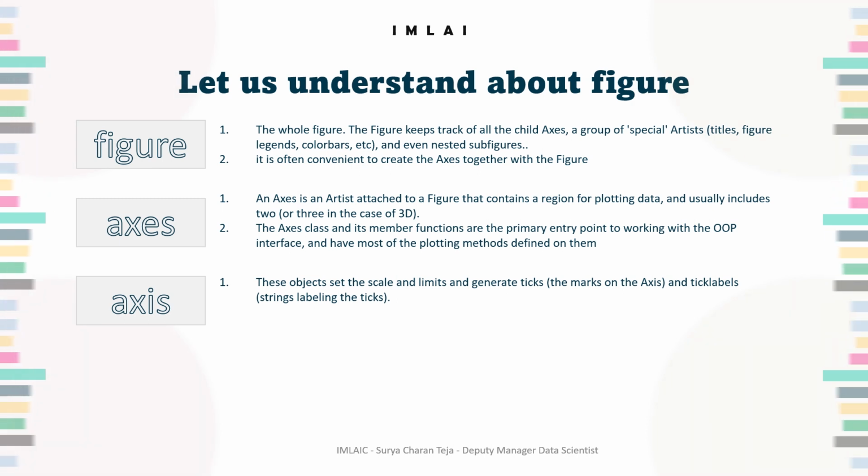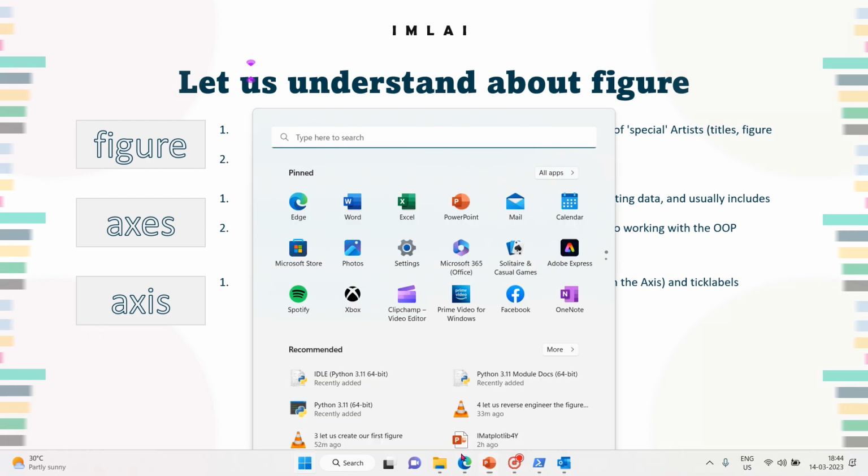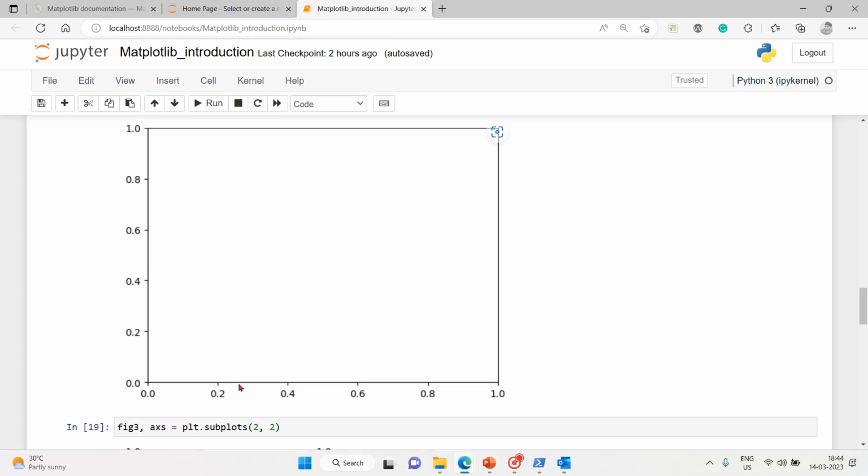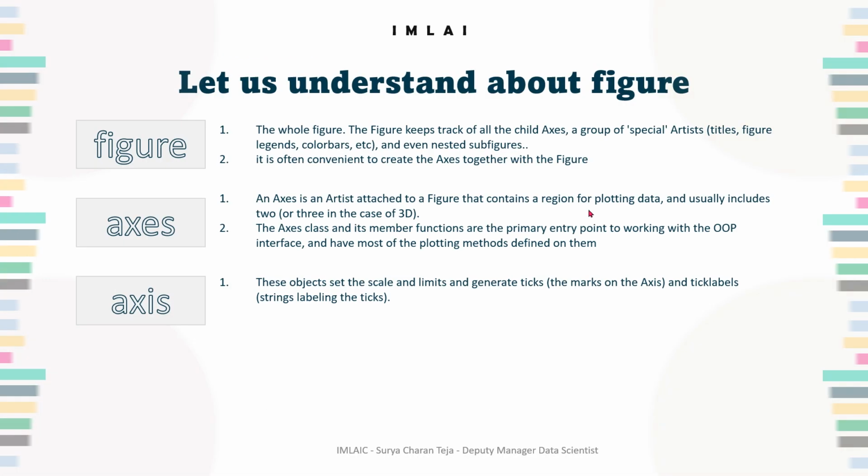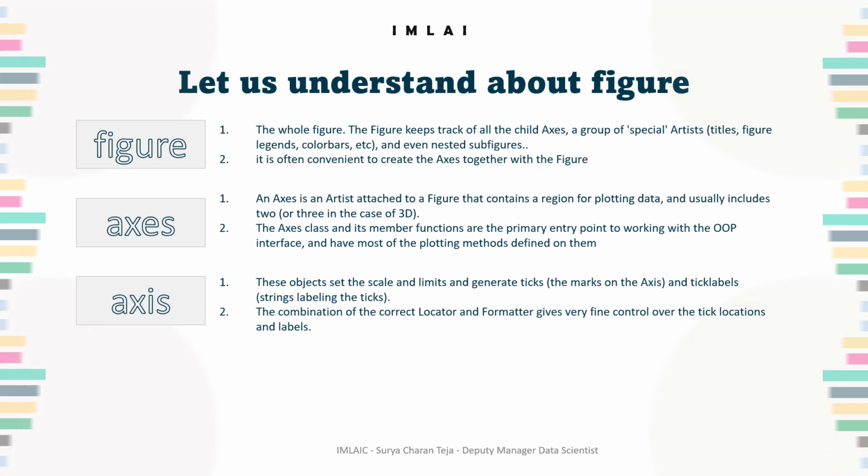At which location you want to put the tick mark will be decided by the locator object. And if you want to format that with colors, we need a formatter object. The combination of the correct locator and formatter gives very fine control over the tick locations and labels.